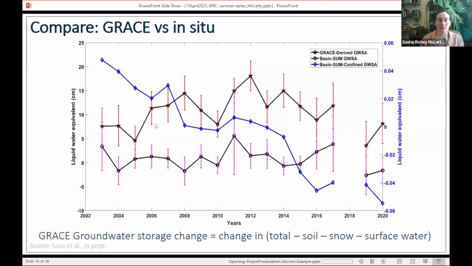In most of these years, GRACE is not capturing the observed groundwater storage anomalies that we have from the extensive groundwater monitoring network in Washington. And then we also pulled in data from Oregon Department of Water Resources and Idaho also. And then we even have some years, like 2008, where GRACE says groundwater storage is going up, but the observations tell us that groundwater storage is going down. And so when I said at the start that this talk is going to be about healthy skepticism about cool, shiny tools, this is what I mean.